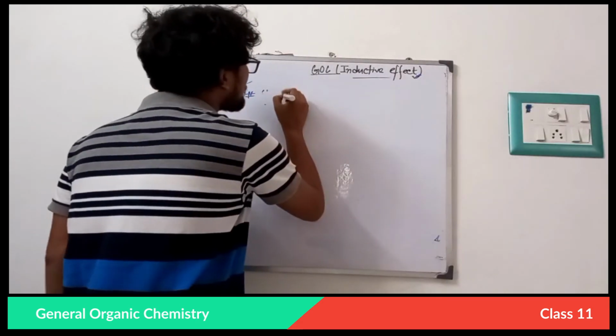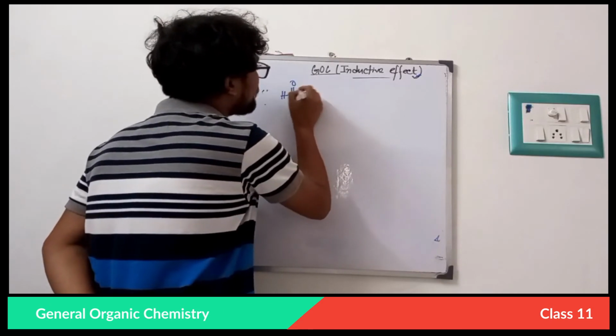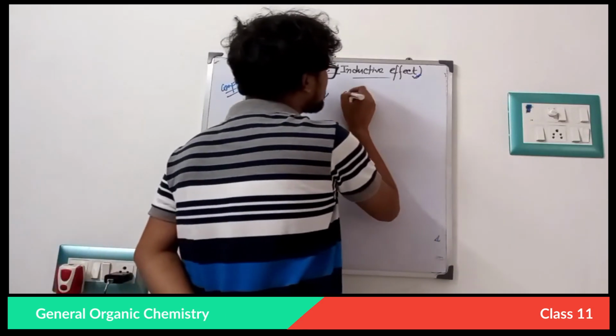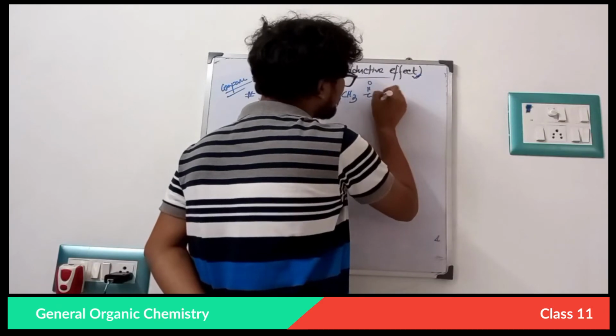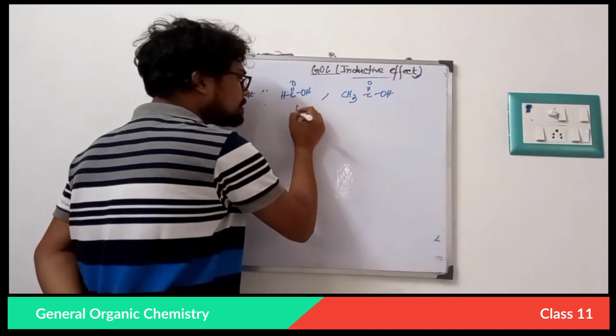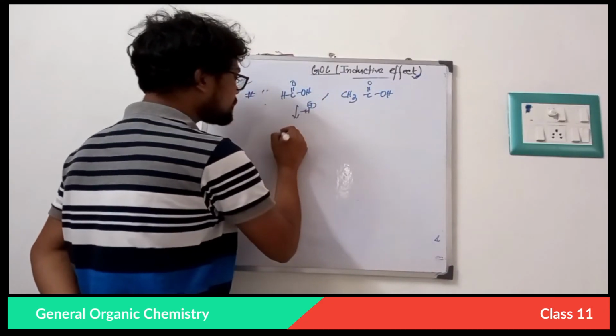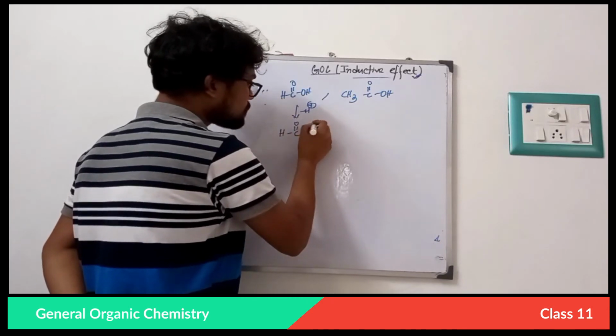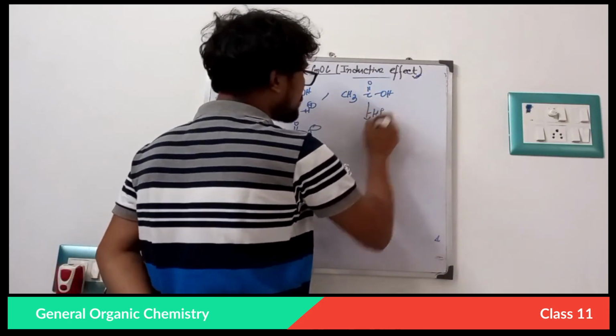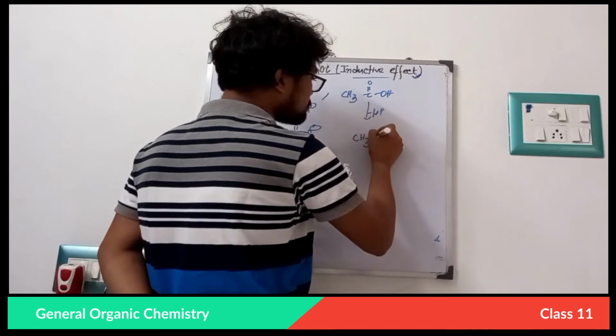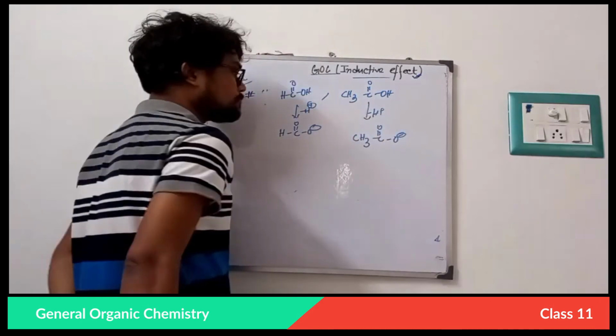Next one is compare the acidity of formic acid and acetic acid. This is again a very important one. So if they release H plus, then what happens? This one and this one.